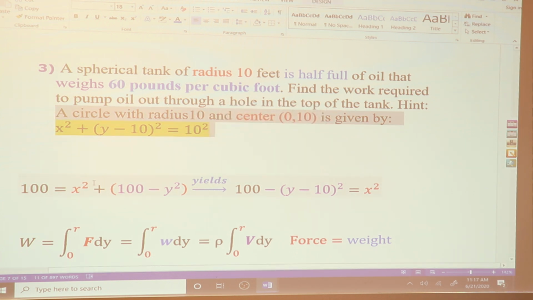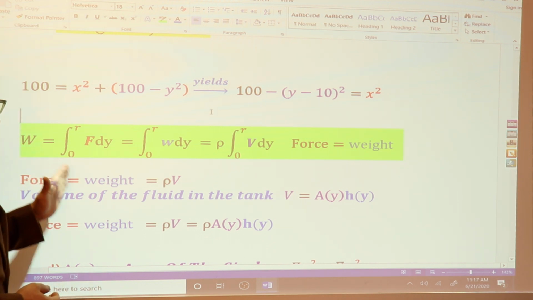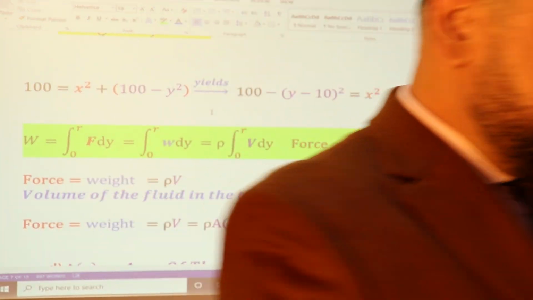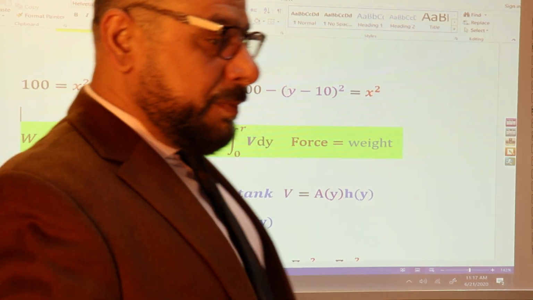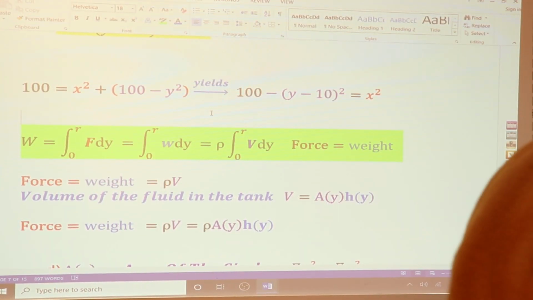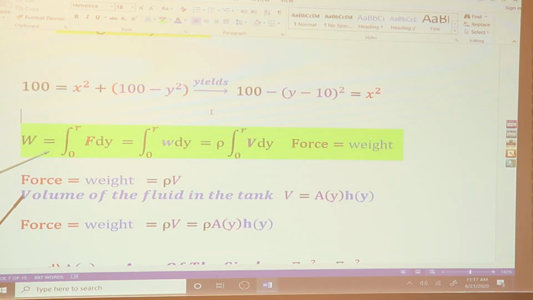Let me just go and find the equation on the line. Always, before you start doing any problem, see what formula you're going to use. The work equals the integral of force, for the tank, from 0 to R, F dy.